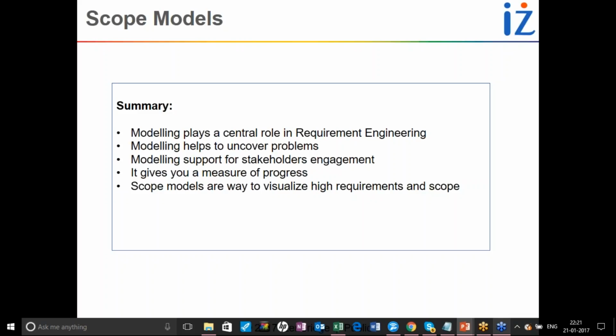It makes complex information easy. It gives you a measure of progress because you know what the minimum marketable features are, what is important for the business, and which features make sense to the business. So you are measuring the progress in the form of those features. Scope models are the way to visualize high level requirements and scope.